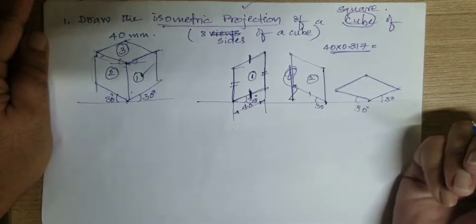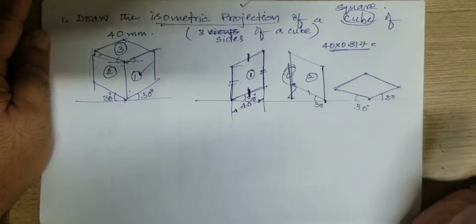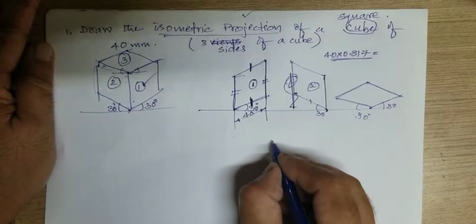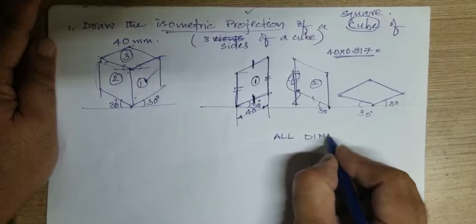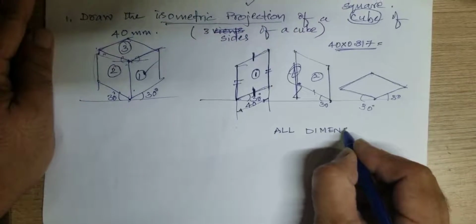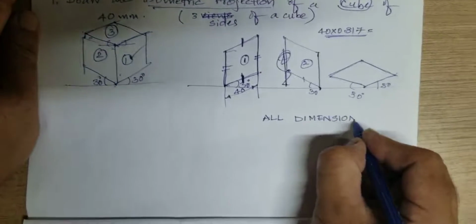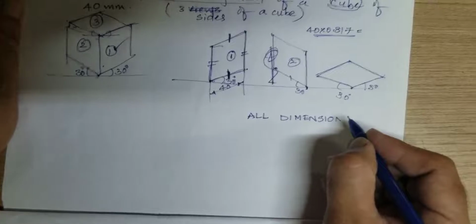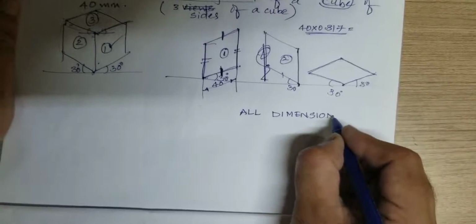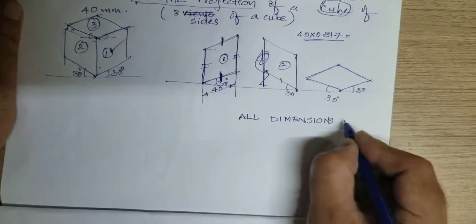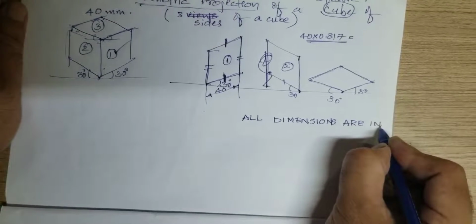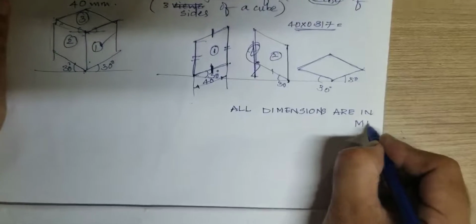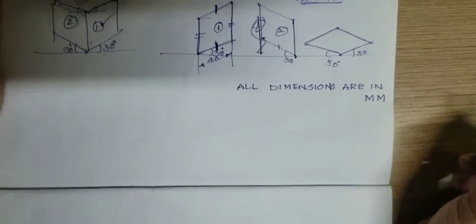No need to write mm, because above the title block you write that all dimensions are in mm. No need to show it everywhere in the entire answer script. You write somewhere above your question, by your roll number, all dimensions are in mm.